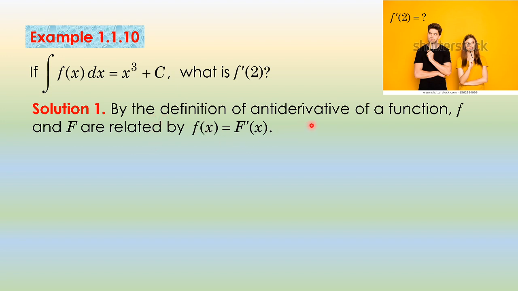By the definition of antiderivative of a function, small f and the big F, which is this one, are related by this equation. Small f of x, the integrand, is equal to this particular integral or antiderivative.